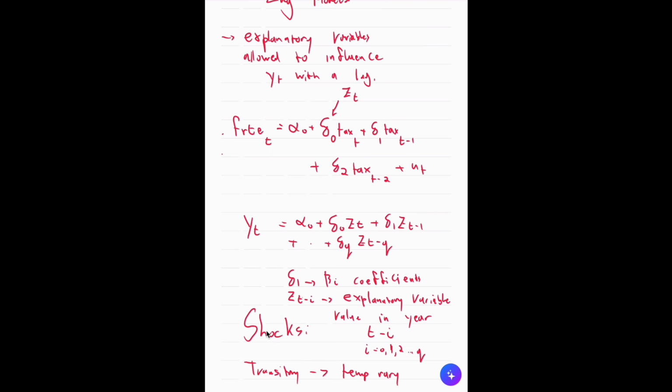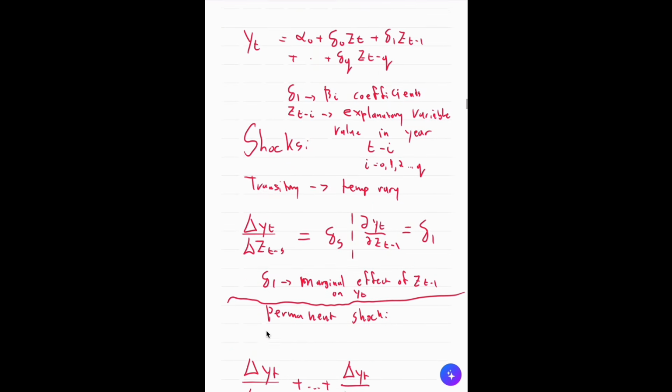And in this instance, that would be a tax exemption for people that have kids, right? And so we assume, let's say this tax exemption was codified into law 2, 3, 4 years ago, so it stays the same every year. So the value of the explanatory variable in this example is the same in year T, T minus 1, T minus 2, etc. Let's just assume that, right?